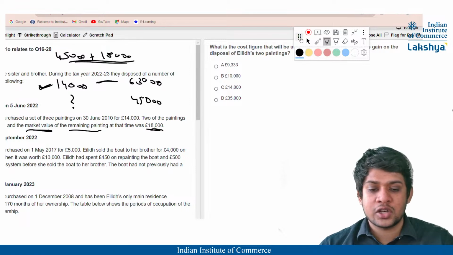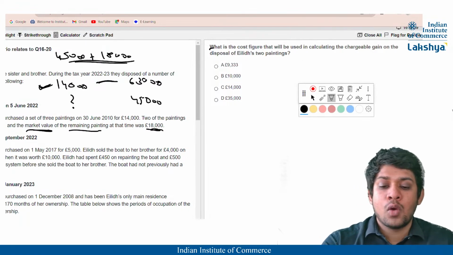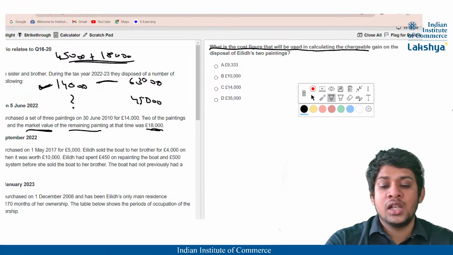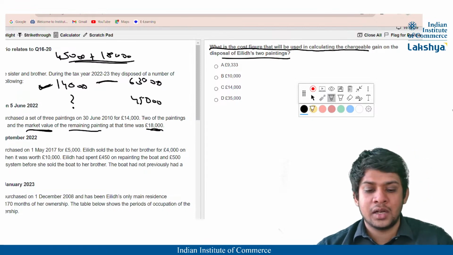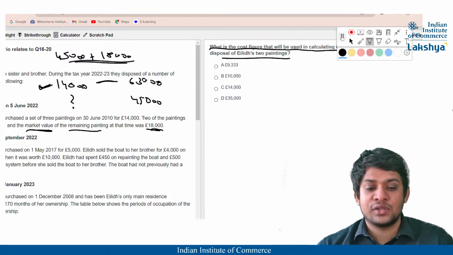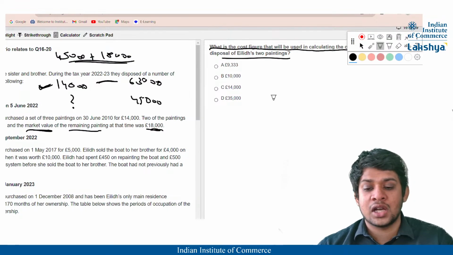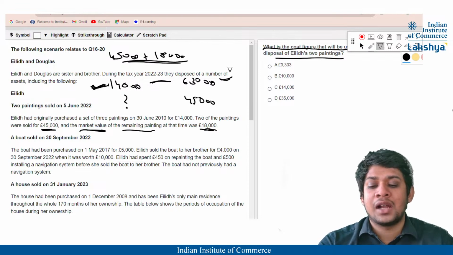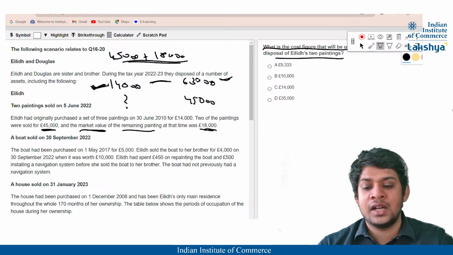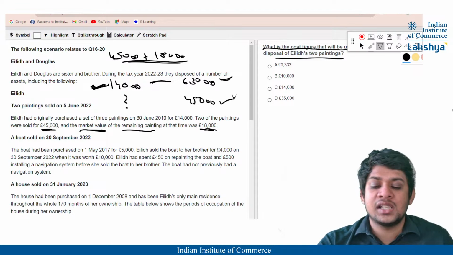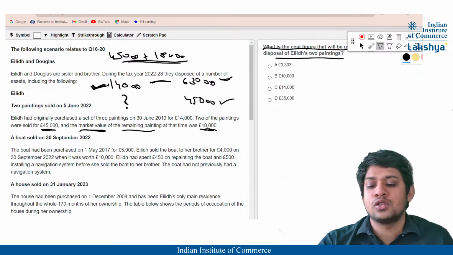Let us first look at the question. What is the cost figure that will be used in calculating the chargeable gain on the disposal of Elidith's 2 paintings? We have to identify the cost and then deduct it from the disposal proceeds to identify the chargeable gain. Here the total cost of 3 paintings is 14,000 and the total market value of 3 paintings we've identified to be 63,000. If the market value of the 2 paintings is 45,000, what will be the cost of those 2 paintings?